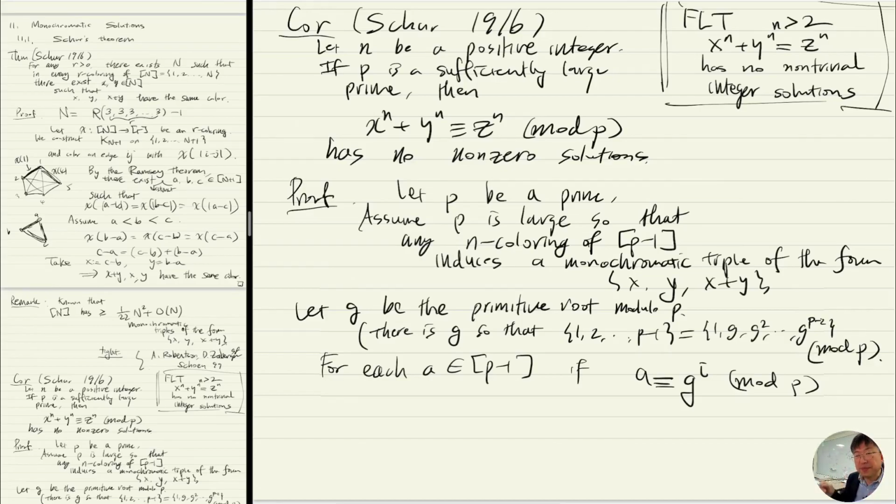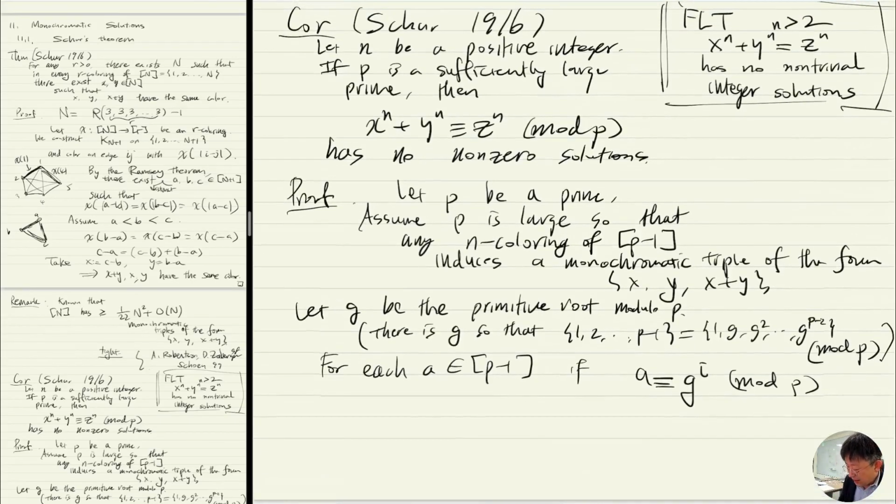So there is some non-zero g so that any other number is a power of g, and the existence of that is guaranteed. I hope you can find it out. If you didn't know that, you can look it up. That's what's called the primitive root.